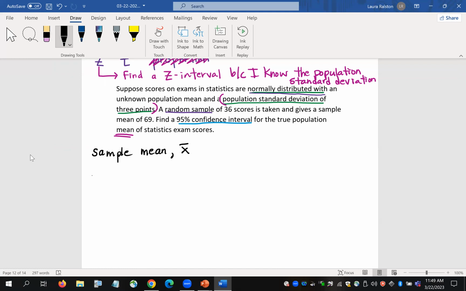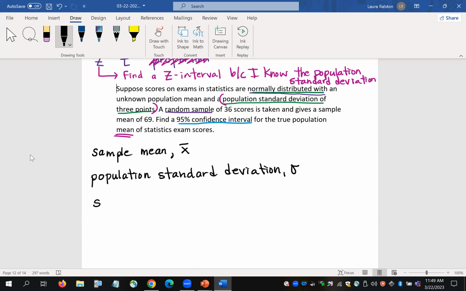It's going to ask you what is the population standard deviation, which is sigma.